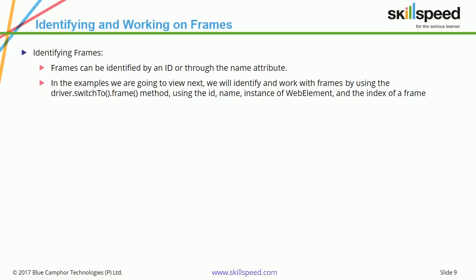How do we conclude that we have to use the frame method to go to the frame or identify the frame? We have come to the conclusion of using the frame method through the WebDriver interface, which has a nested interface called the WebDriver.TargetLocator.